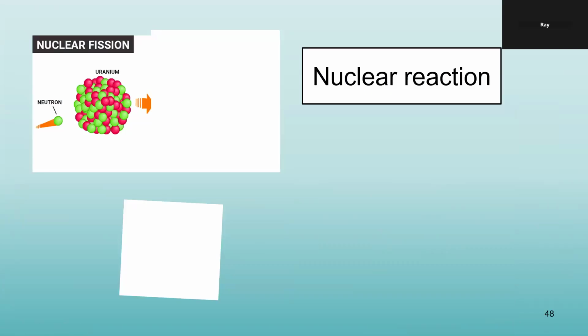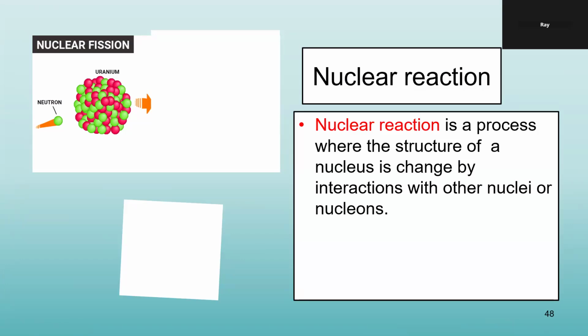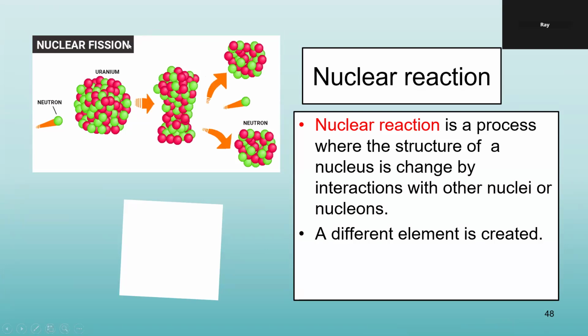Nuclear reaction is a process where the structure of the nucleus is changed by interaction with nuclei or neutrons. A different element is created. This is an example. You send a neutron to a uranium. The neutron enters and it breaks up into two, producing another neutron.